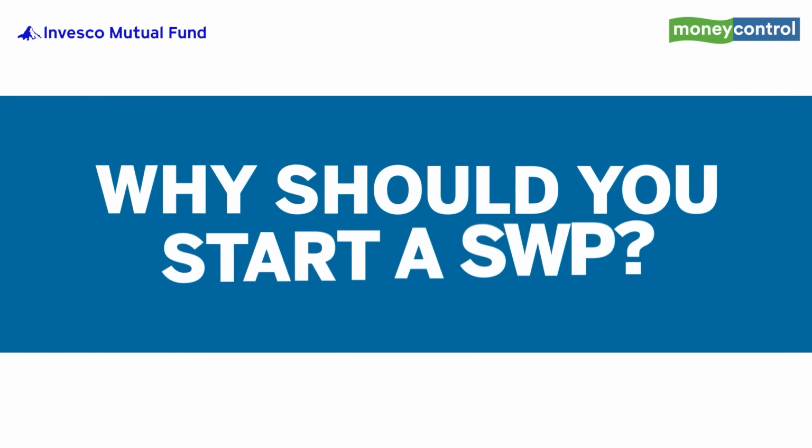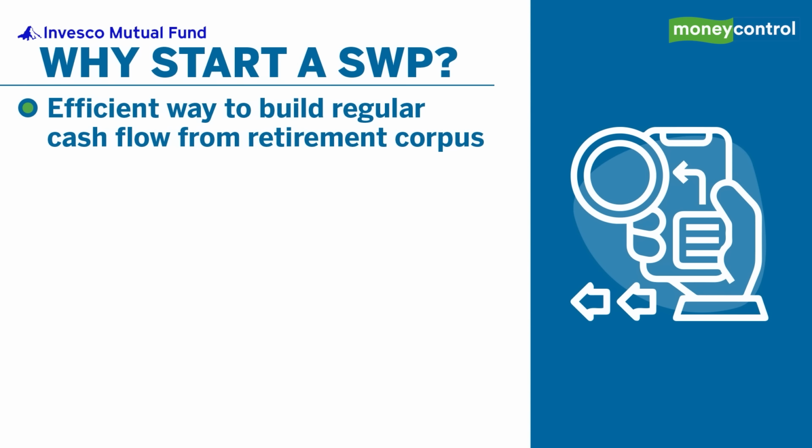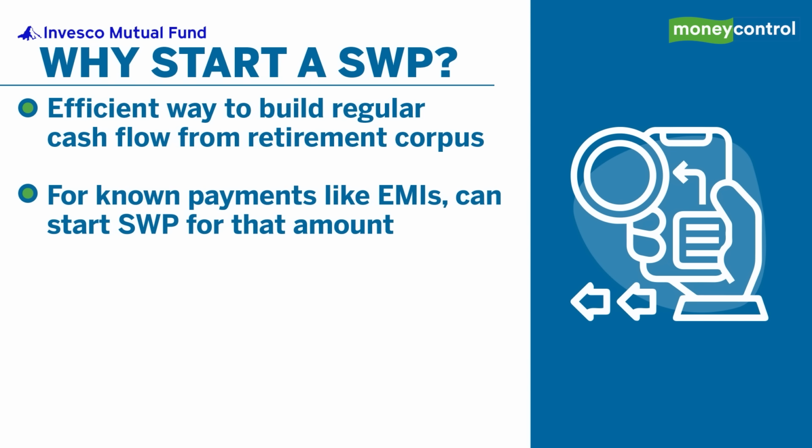What are the few reasons to start an SWP? Firstly, it is an efficient way to build a regular cash flow from your accumulated retirement corpus after you retire. Secondly, for known payments like EMIs, you can keep aside a corpus and start an SWP for the relevant amount.